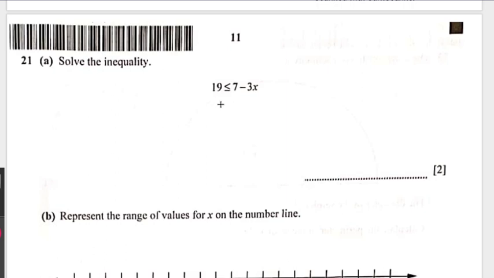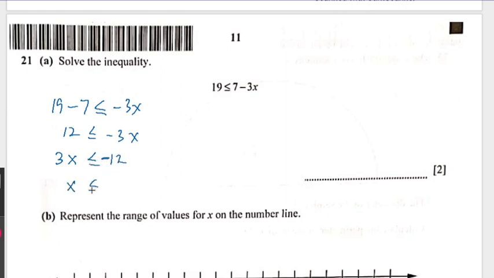Solve the inequalities. So to solve inequality, you just solve like how you solve linear equation, but be careful when you divide by negative sign. So I will bring the 7 over, 19 minus 7 less equals to negative 3x, and this is 12. So when I bring the negative 3x there, I will get 3x, negative 12.